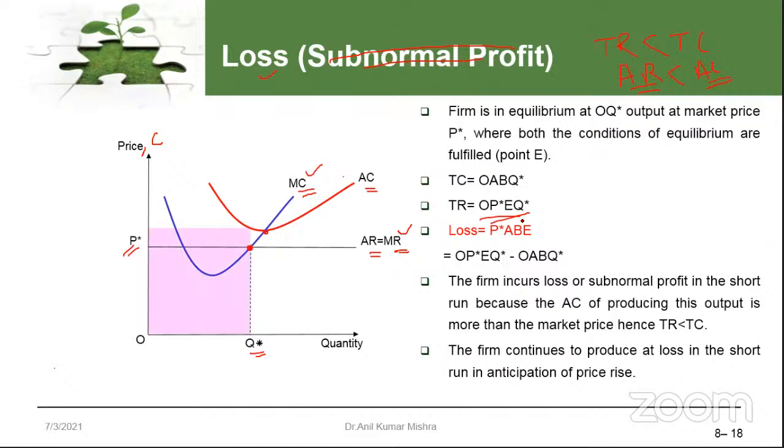Then after that, while moving to the cost, you have to extend this line upward to where it meets the average cost. Then you have to drop this side in order to know the total cost. So this is the area of the total cost. OPEQ is the total revenue.